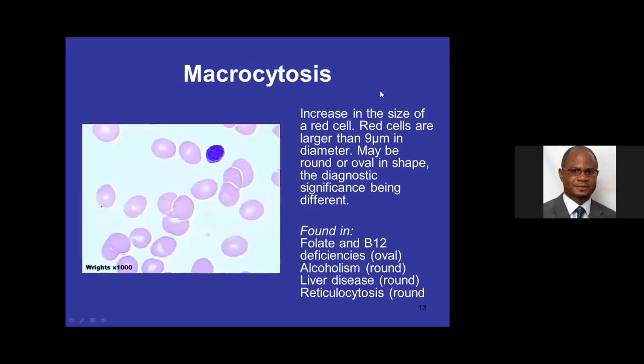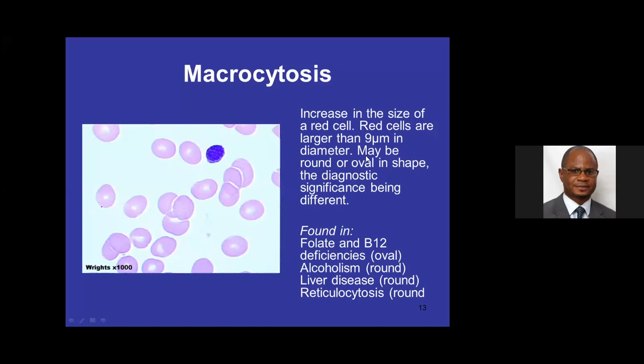We also have macrocytosis. Here the red cells are large, they are increased in size. So in folate and B12 deficiency anemia, we see macrocytes. The red cells are quite large, but their number may not be that much.